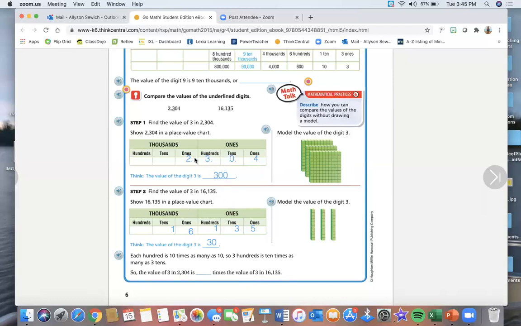That seems like a confusing question, but we saw that the value of the digit 3 in 2,304 is 300. And in the number 16,135, the digit 3 is represented as 30. And if we think back to last year when we were doing multiplication, I know that 30 goes into 300 10 times. So the value of 3 in 2,304 is 10 times the value of 3 in 16,135.